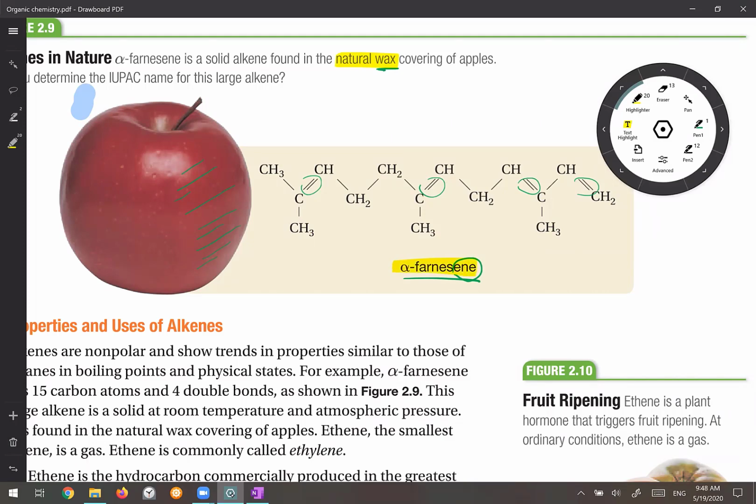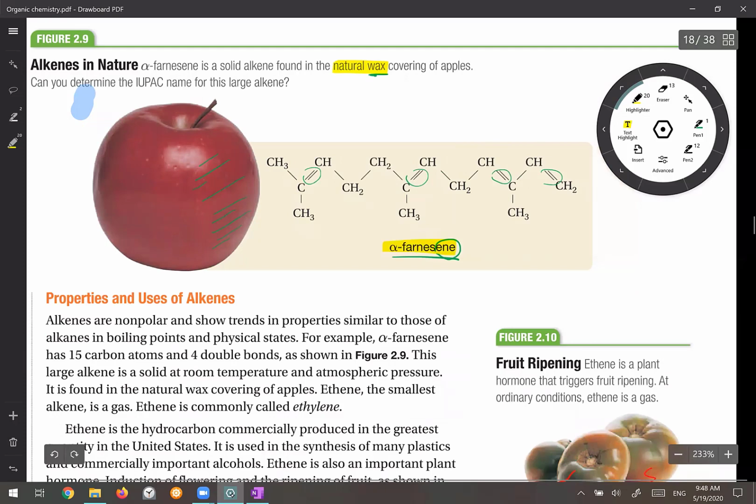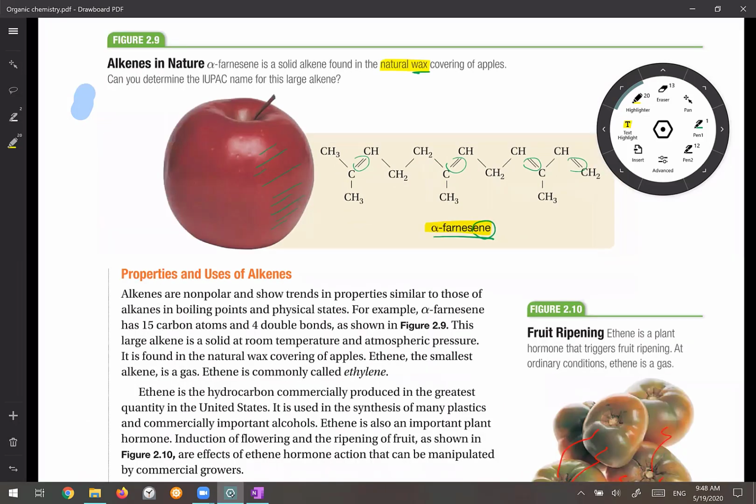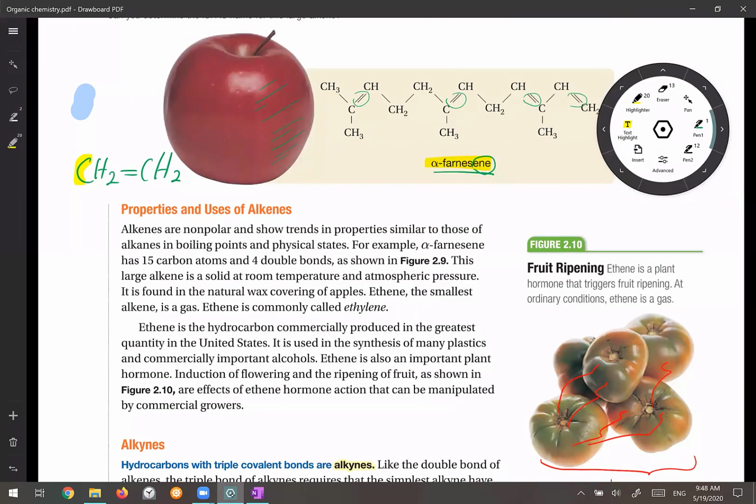Another example for the alkene is ethene, CH2 double bond CH2. Okay. CH2 double bond CH2. The ethene is a plant hormone. The fruits usually produce the ethene. The common name for the ethene is ethylene. Ethylene is used for the fruit ripening.